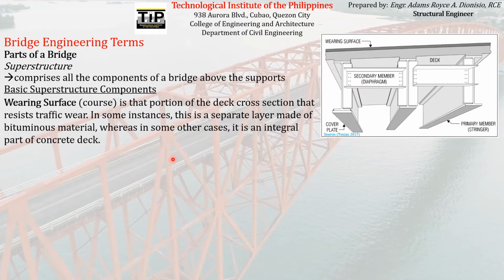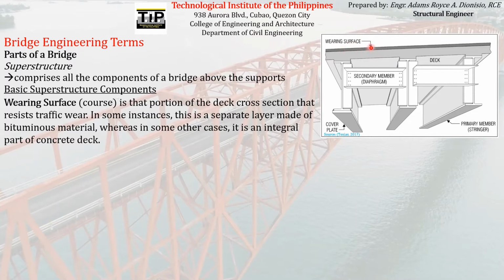If you can see this San Monico Bridge in the background, the wearing surface is this, the roadway that is being traversed by the traffic or the vehicles. This wearing surface can be integrated on the deck, or most of the time it is just put as another layer made up of bituminous material like asphalt.